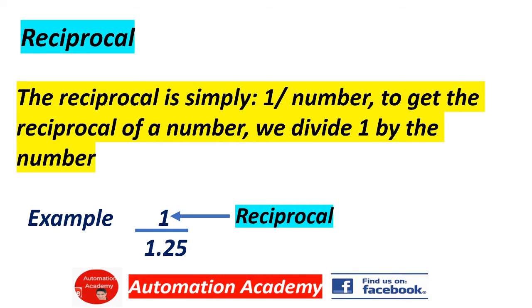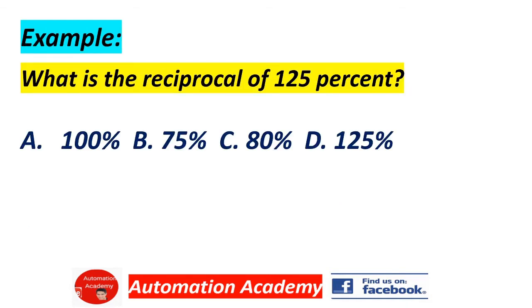Our next topic is reciprocal. The reciprocal is simply 1 over a number. To get the reciprocal of a number, we divide 1 by the number. Example, 1 divided by 1.25. Example, what is the reciprocal of 125%?